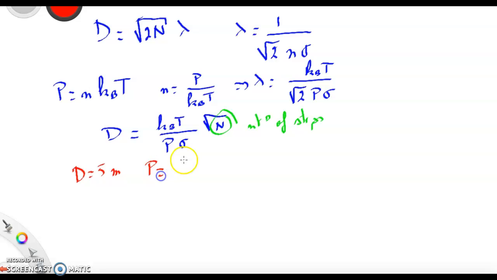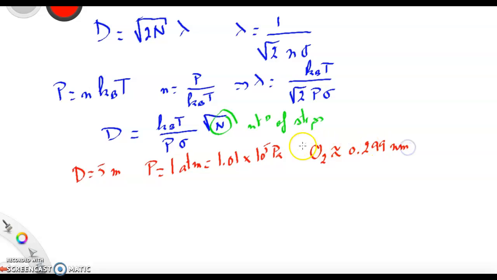We're going to take the pressure to be 1 atmosphere, which is 1.01 times 10 to the 5 Pascal, so approximately 100 kilopascal. And we're going to talk about a molecule of oxygen. Its size you'd find on the internet to be approximately 0.99 nanometers. That's the diameter d of the molecule of oxygen.